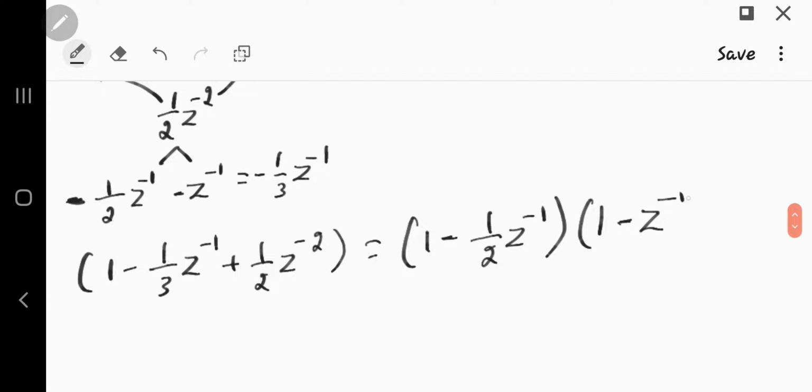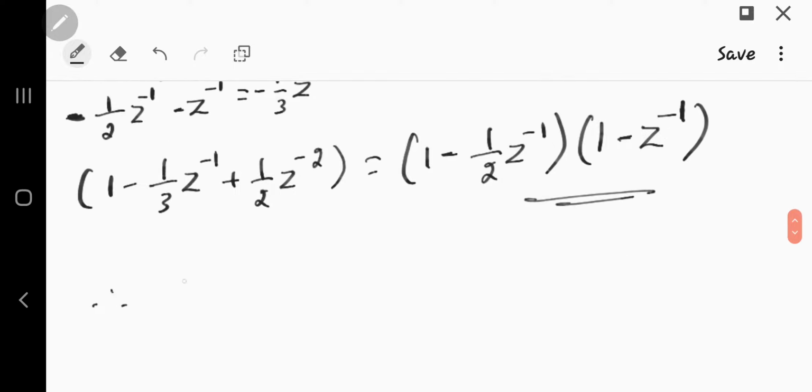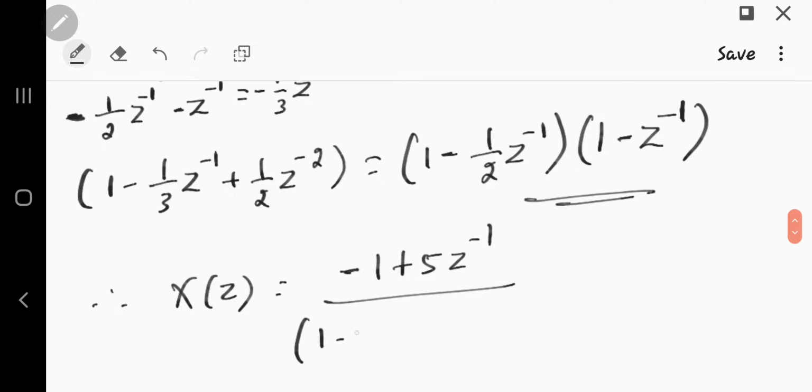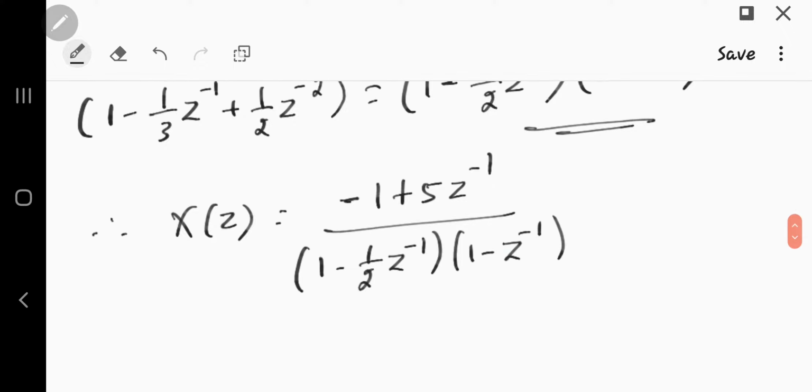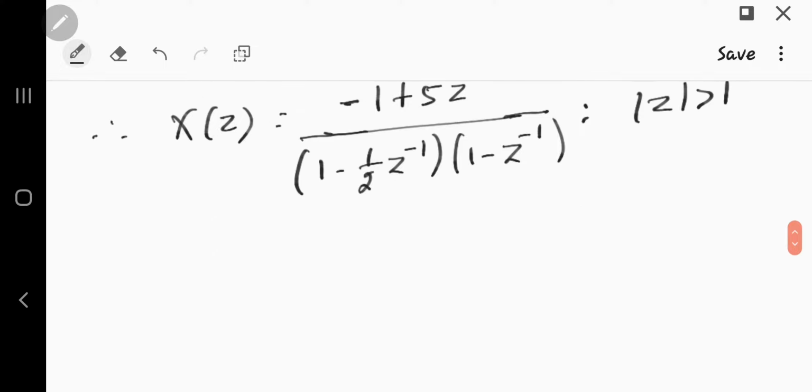These are the factors. Therefore we can write X of z as minus 1 plus 5 z inverse divided by 1 minus 1 by 2 z inverse and 1 minus z inverse, where z is greater than 1.